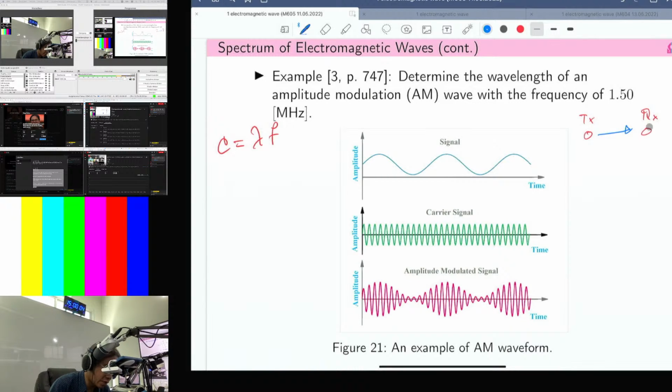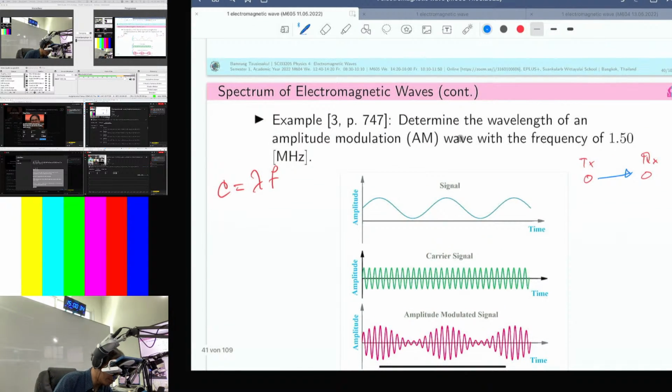At the receiver side, once they rotate their knob at the radio receiver to have the carrier frequency exactly the same value as your station, there are some techniques at the radio to bring the desired signal back. Okay, that's the whole story about amplitude modulation.